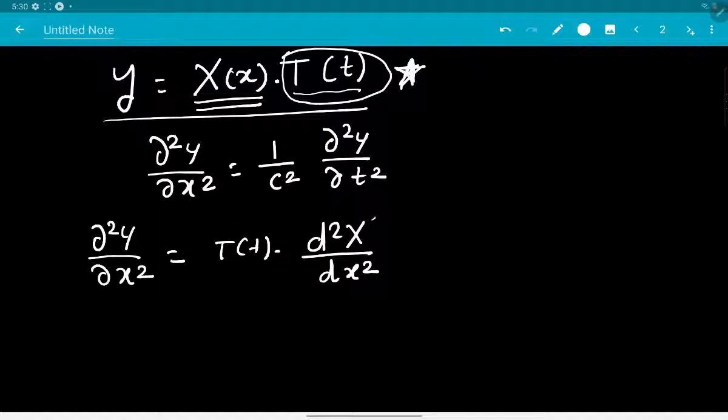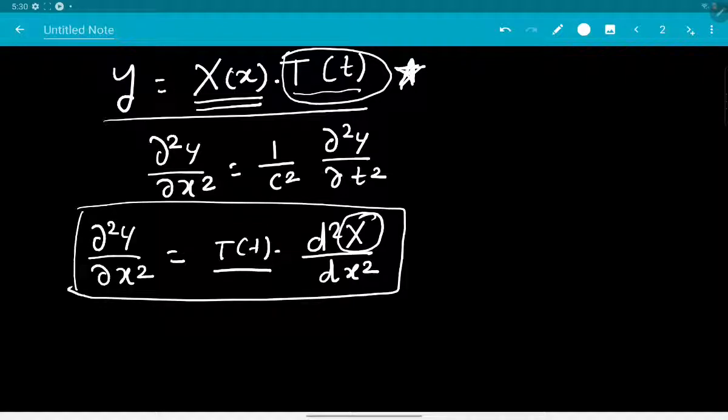Okay, so you just have to differentiate this capital X function twice, and multiply by T to get this partial derivative of y with respect to x. In a similar fashion, I can find the derivative with respect to time, in which X will not change, it will remain as is, since it is a function of space alone and it doesn't have any time contribution, it doesn't change with time.